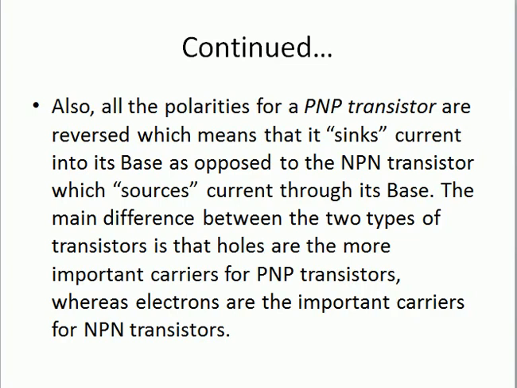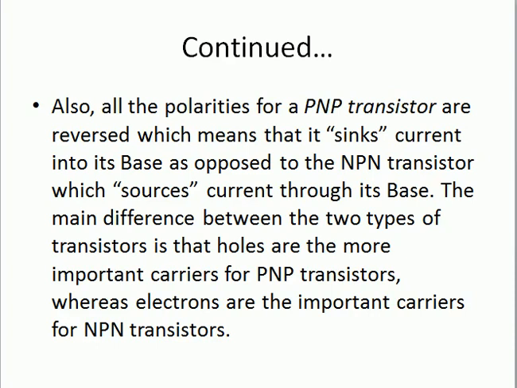All the polarities for a PNP transistor are reversed, which means that it sinks current into its base, as opposed to the NPN transistor, which sources current through its base. What does this mean? We will see the circuit here, and by seeing that we can understand it very easily.